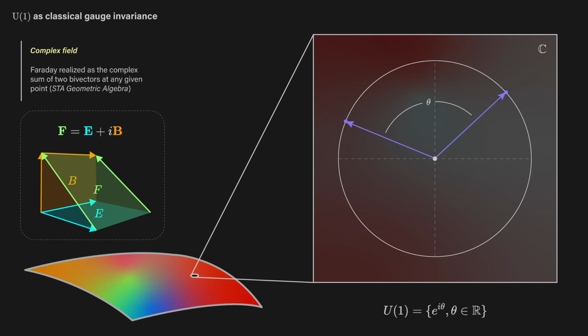And so that's how U(1) comes about as the classical gauge invariance, because U(1), the unitary group of transformations, is just the group of the circle. It's the group of everything that's invariant under an angle change like this, and the complex numbers are the same. So if you think of the electromagnetic field as this complex bivector, and you do a phase transformation on it, it doesn't change value. And so that's very good. That's how it works.